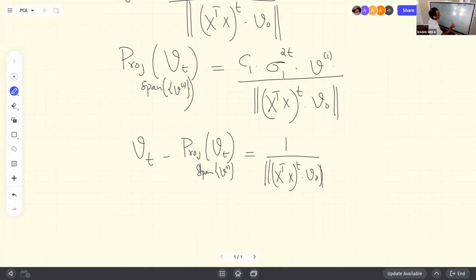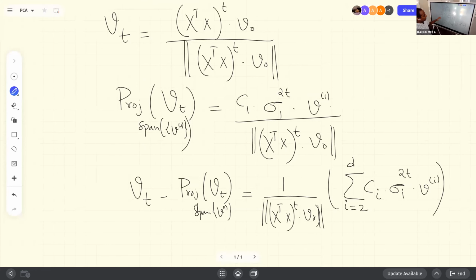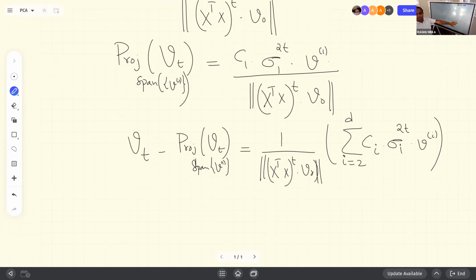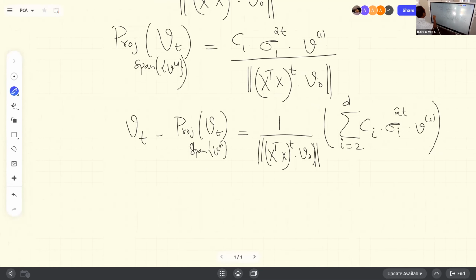What I get is all the things except the first singular vector. Okay? I know exactly what v_t is. I know what the projection is. You take out the first singular vector. So the difference is everything except the first. So note that the summation here is starting from 2.